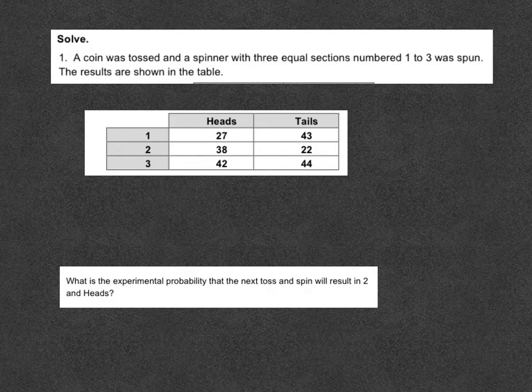So I'm going to take those two pieces of information. The 2 is on the side. I'm going to highlight that entire row so I can focus on those numbers. The second event that they want to happen is the coin to land on heads, and that's going to be the first column.